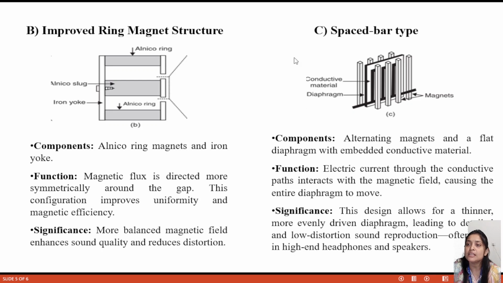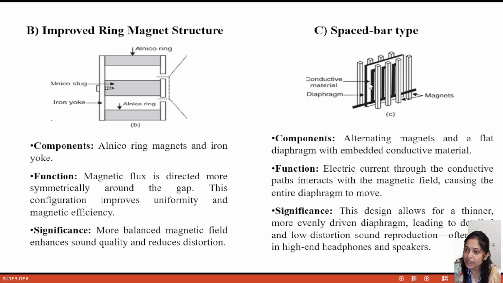Then the space bar type. You can see this is the diaphragm, which is produced from conductive material, and there are also alternating magnets. Then what will happen? Electrical current through the conductive paths interacts with the magnetic field.